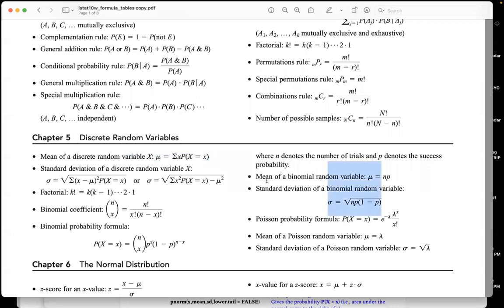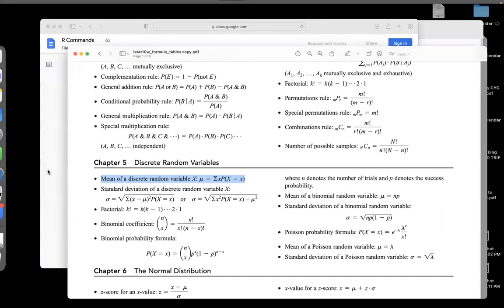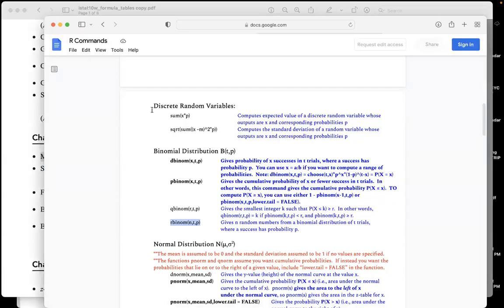We talked a little bit about that in the chapter 5 material. But in general, when you talk about the standard deviation of a distribution or the mean, those are also formulas that come up. And so I also have those on the R commands. So that's this discrete random variables part. If you have to find the expected value of a distribution or the standard deviation of a distribution, that's how you do those. So that's chapter 5 in R.